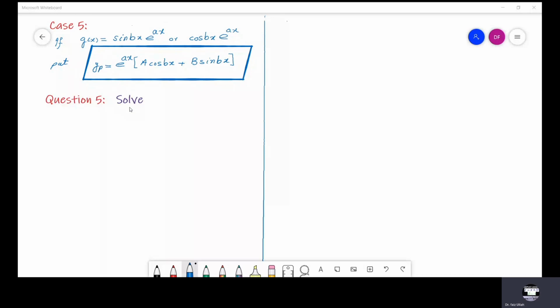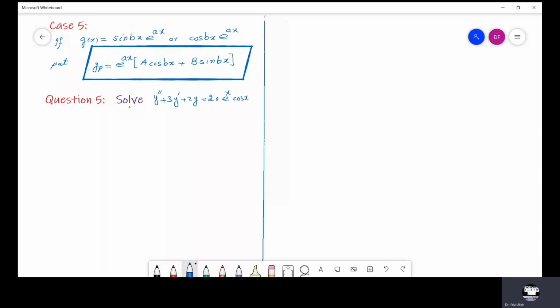And now let us use this case to solve a problem y double dash plus 3y dash plus 2y is equal to 20 e power x into cos x.